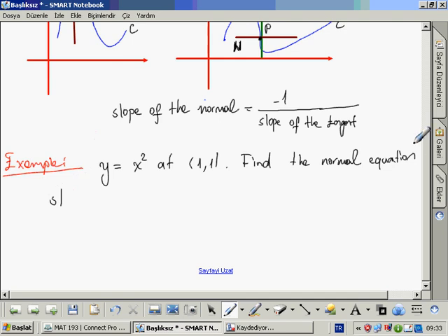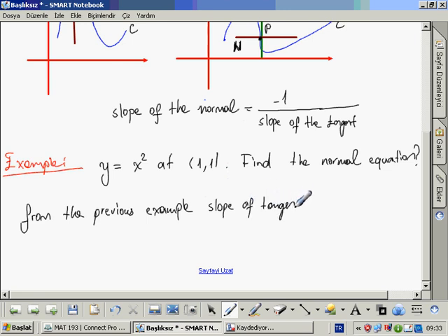We know from the previous example that the slope of the tangent was 2.